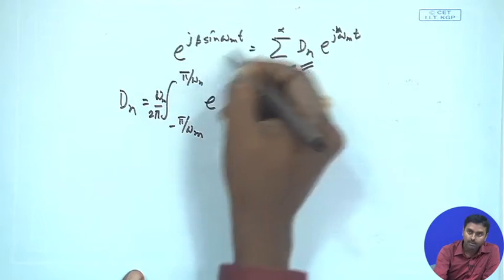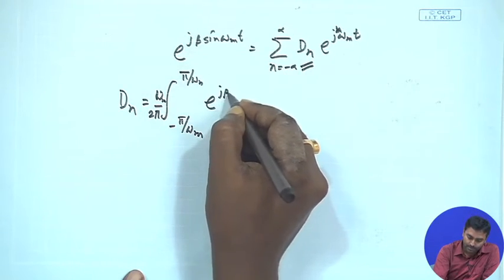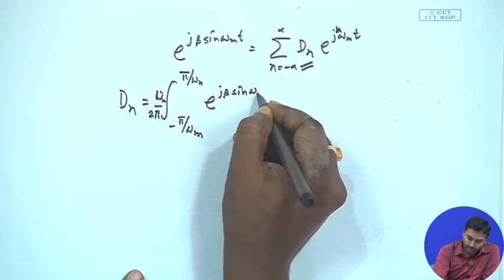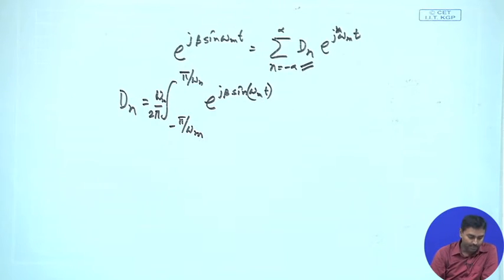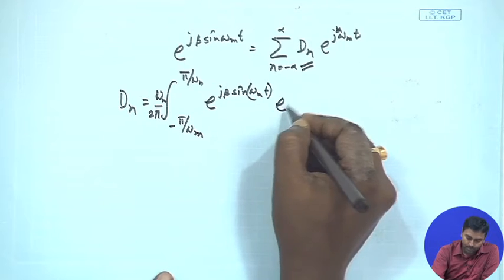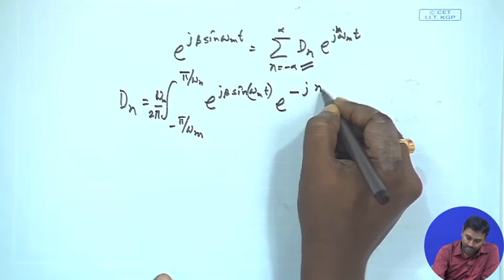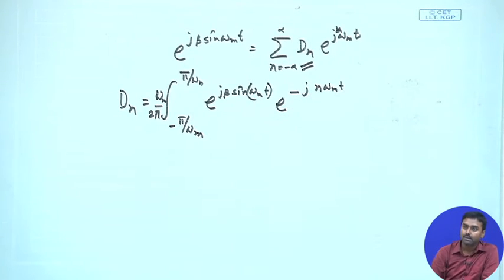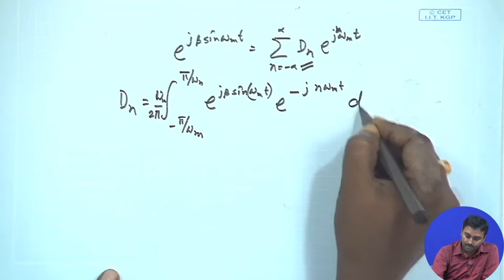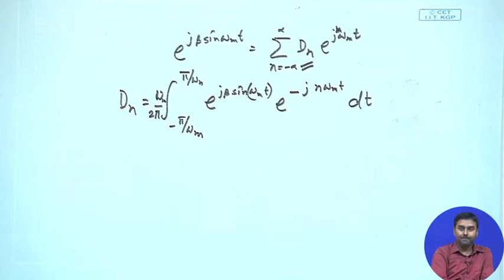This is the signal itself, e to the power j beta sin omega m t, multiplied by e to the power minus j n omega m t, right. That is the Fourier series analysis, dt, right.